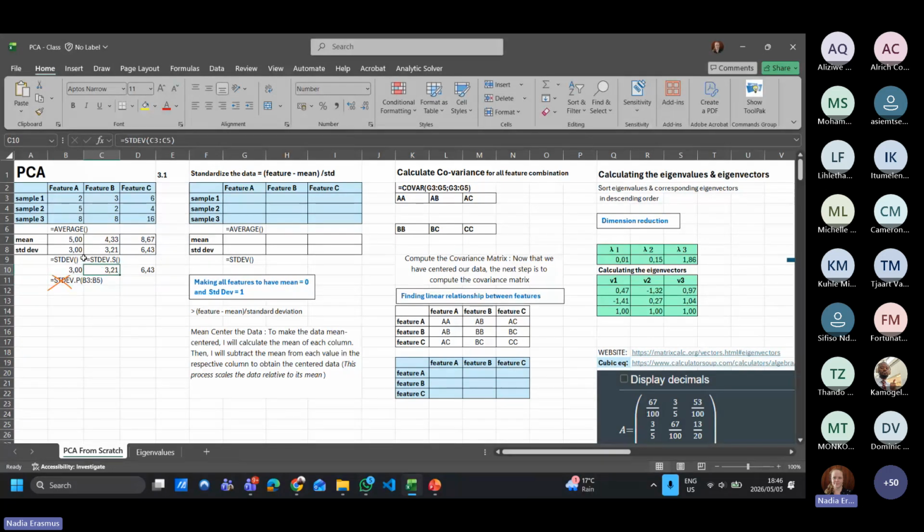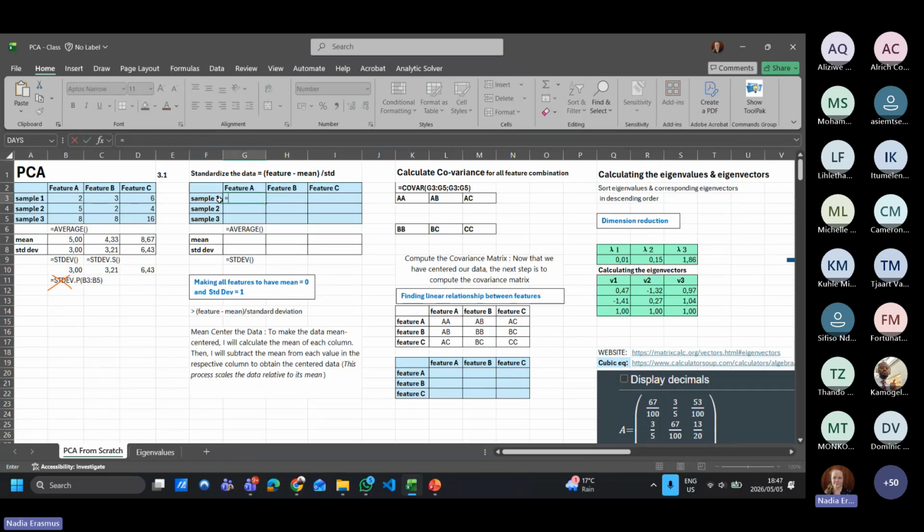So then we have, why do we need this? Why do we need the mean and the standard deviation? Because we're going to standardize the data. How do we standardize the data? We're going to get the feature, which is given, minus the mean, which is the average, divided by the standard deviation.